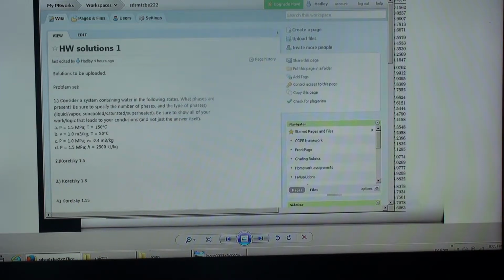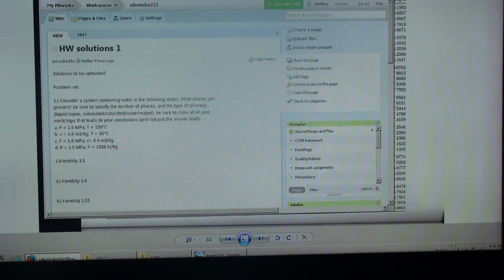So I'm not saturated. Now I have to decide, am I liquid or vapor? It looks like solid's not a choice here, so I'm either liquid or I'm vapor. And at 150 degrees Celsius, probably not a solid anyway, but you never know.